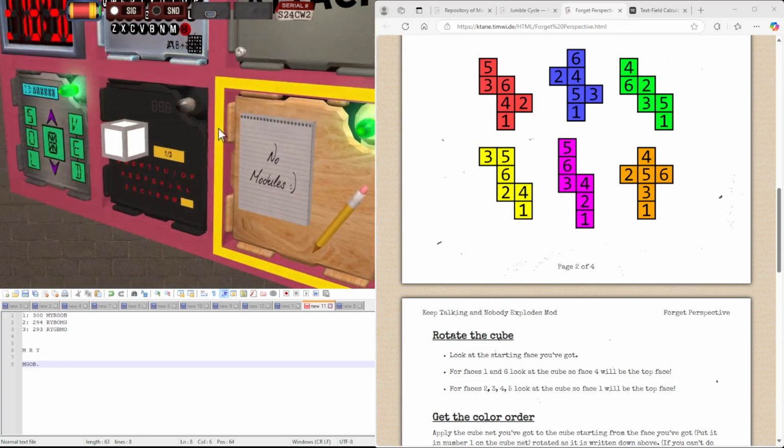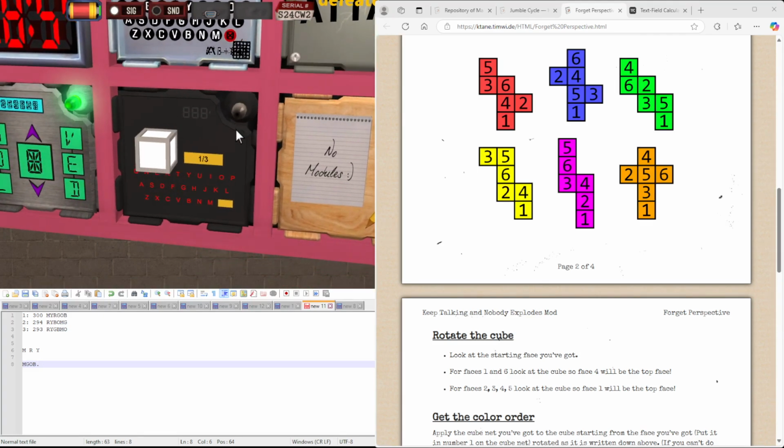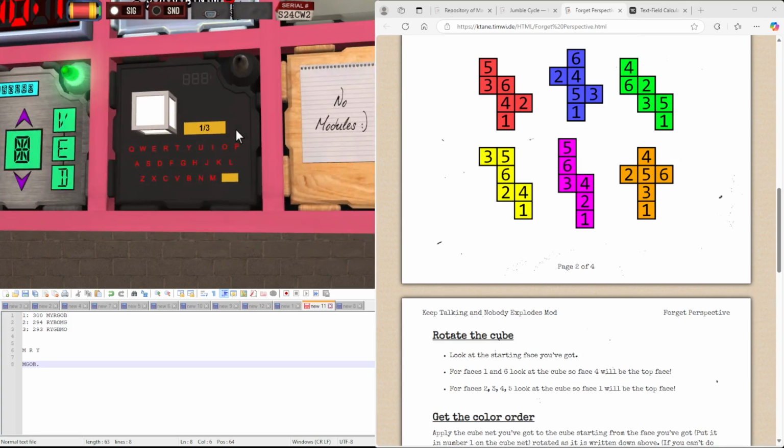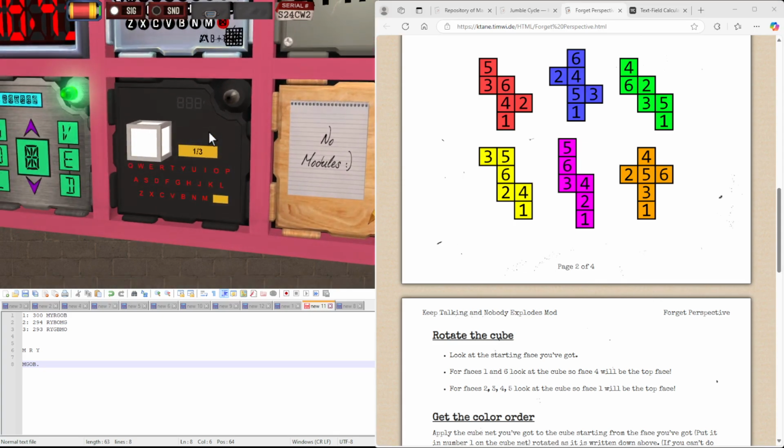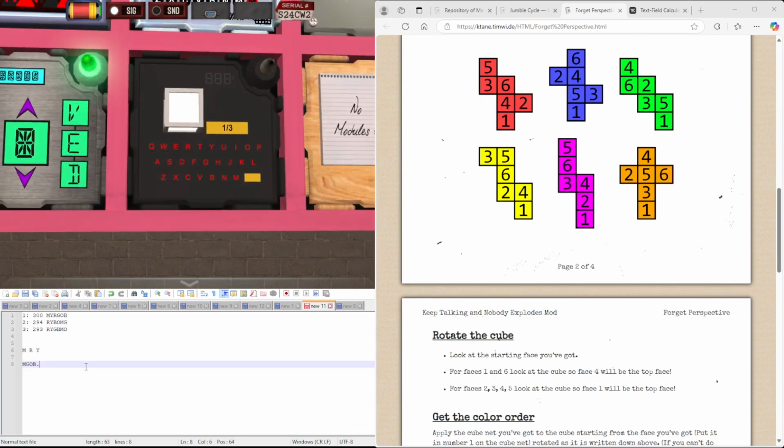The front 2. Yeah. Okay, so yeah. So number 6 would be number 2. And we're not expecting to get this right at all.